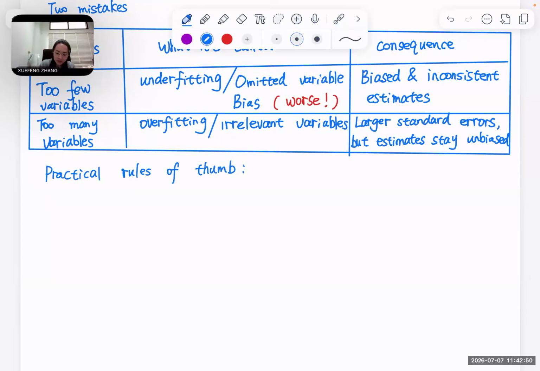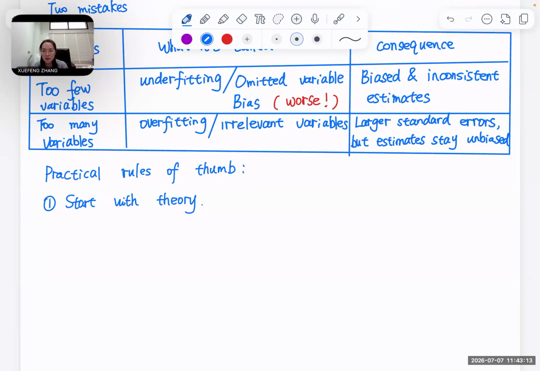The first rule, it starts with theory. This means what does economics tell you drives y?